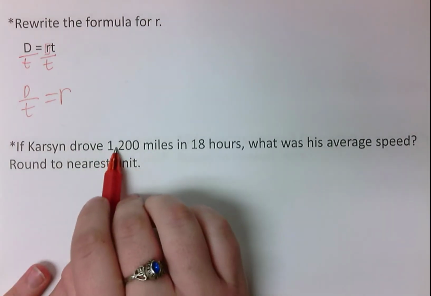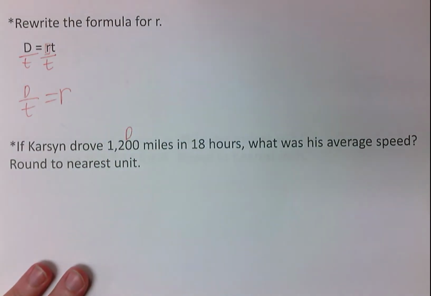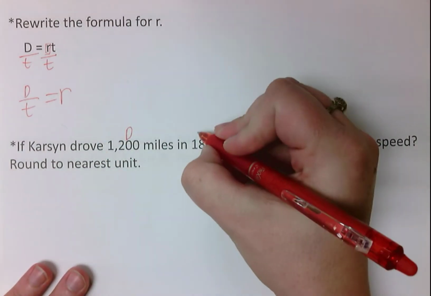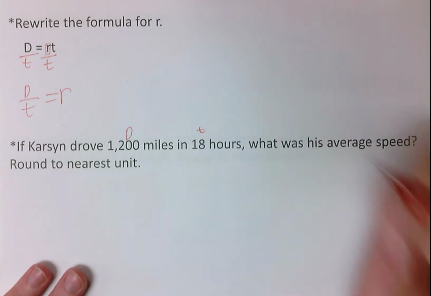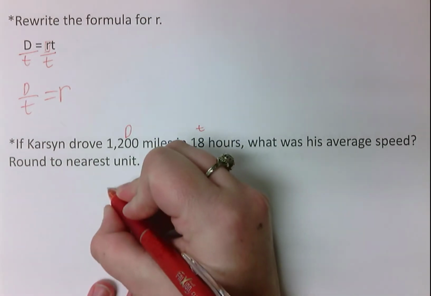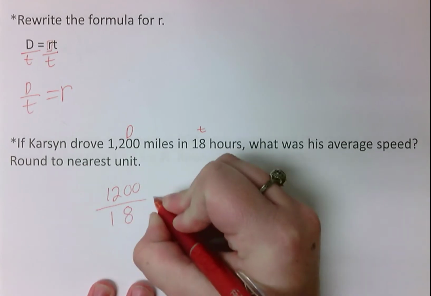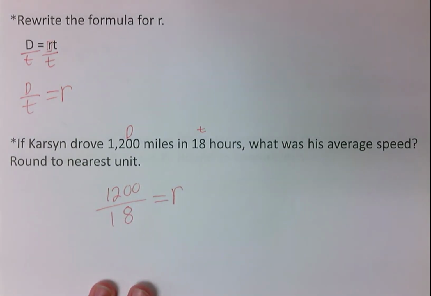So all I have to do is plug in these to their respective places. So the 1,200 is my distance. The 18 hours is my time. So I get 1,200 divided by 18, and that's going to give me my rate, or my average speed.